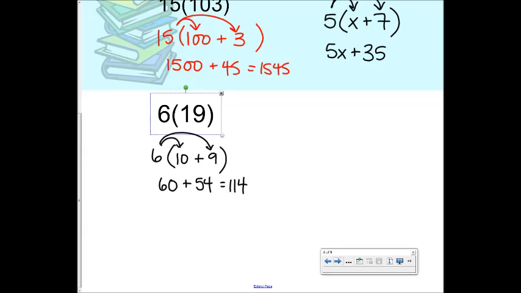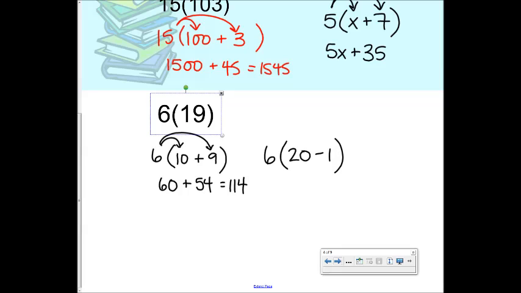Again, if this doesn't make your life easier, don't do it, but be able to recognize it. Jesse, what were you going to say? Yes, absolutely. So there's another way you can do this. Instead of adding, you could do, Jesse, what? 20 minus 1.